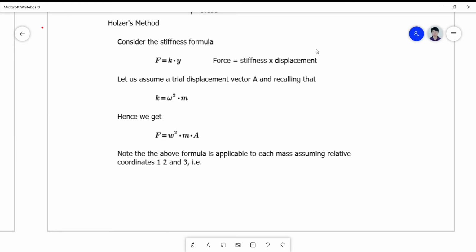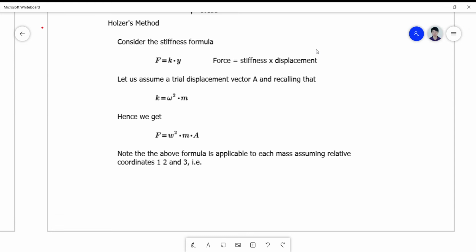in iterating the value of omega on the basis of a formulation of stiffness and displacement theories.